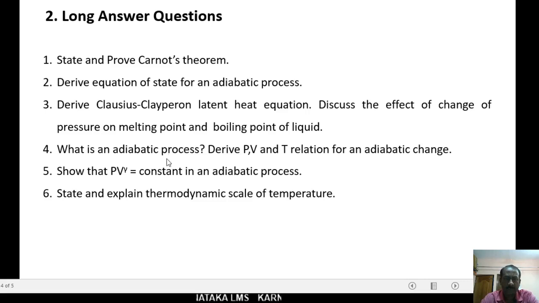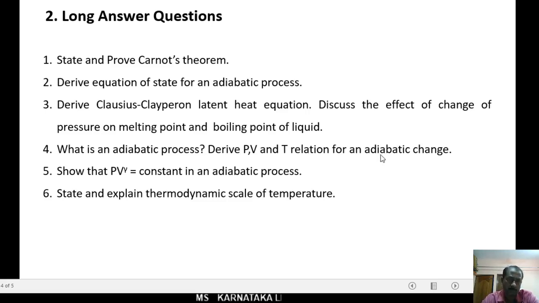Here the first statement: it is a process in which heat neither enters the system nor leaves the system. That is an adiabatic process. And derive P, V and T relations for an adiabatic change. That means PV to the power gamma is equal to constant. One more equation is T V raised to gamma minus 1 is equal to constant. Like this we should derive all 3 equations for adiabatic.